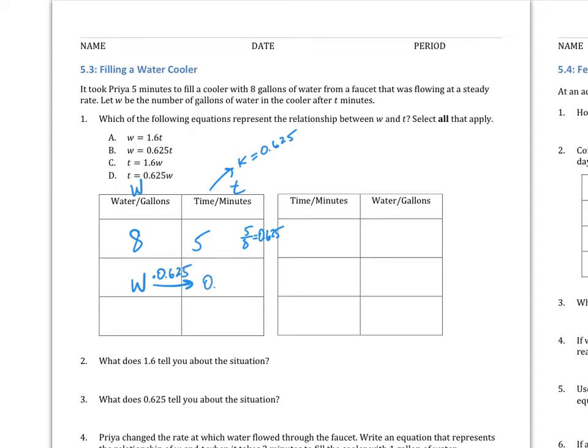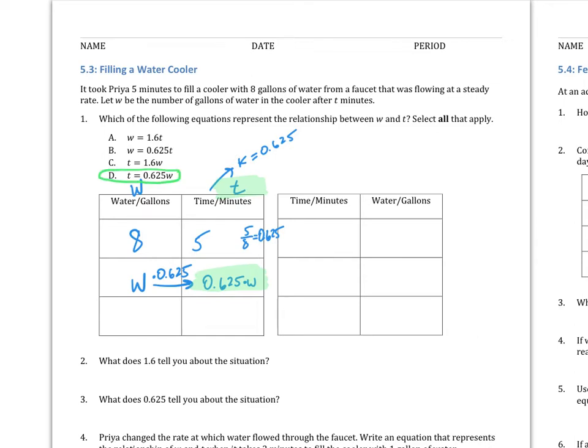So my entry is 0.625 times W. This tells me that T is equal to 0.625 times W, and that matches with equation D.